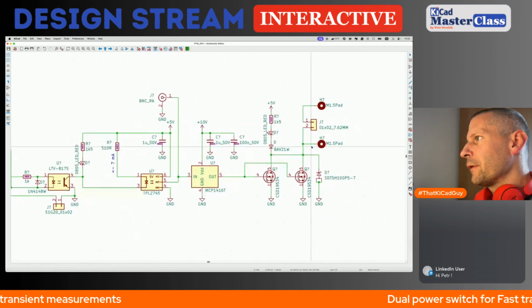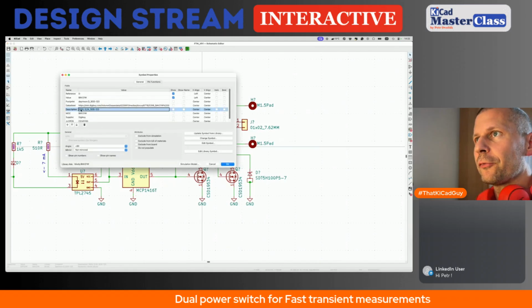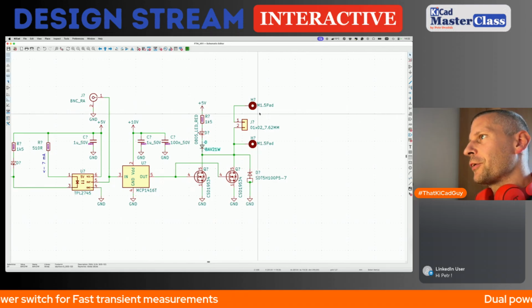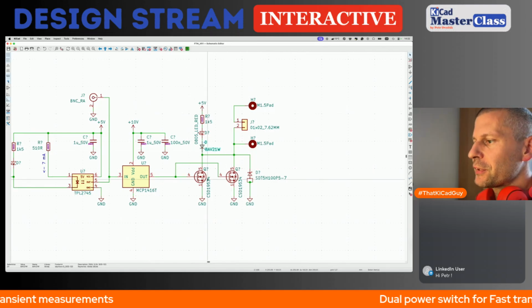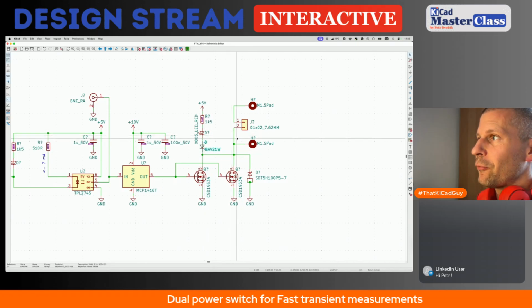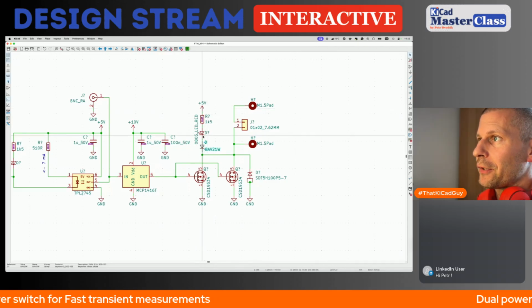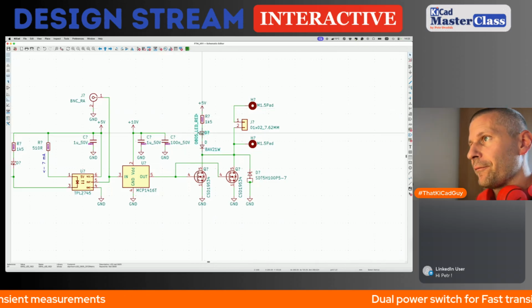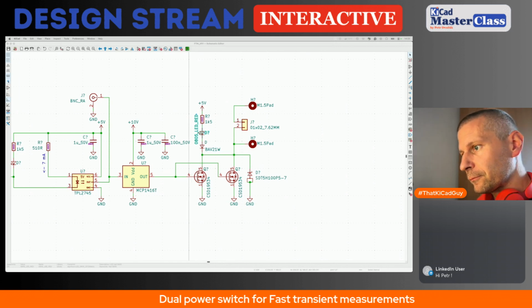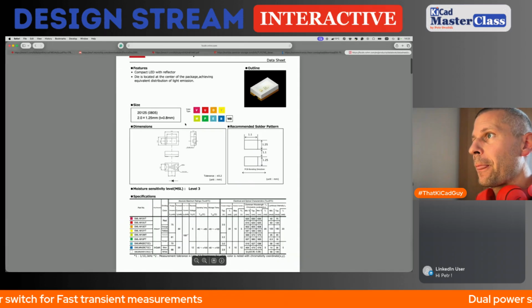Because if you imagine 100 volt here, the MOSFET is not conductive, but without this diode, the 100 volt against 5 volt, and the only barrier is the LED. And the maximal voltage of this LED, let me check the data sheet, is definitely not high enough.